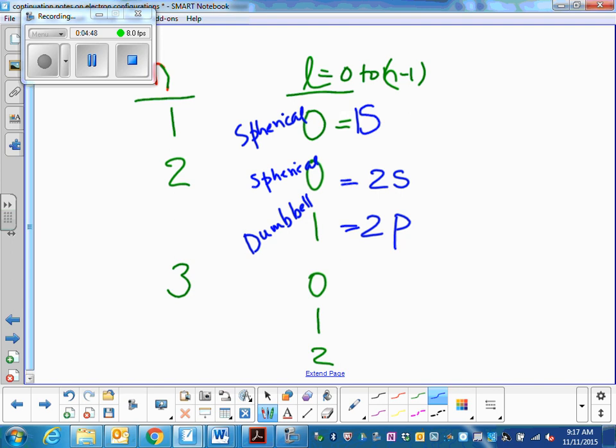Therefore, in energy level 1, you only have one s. When you go a little further away, you not only have the s, you also have the p. When you go a little further away, you can have the 3s, the 3p, and the 3d. That's spherical. That's dumbbell. That's now a flower petal shape.